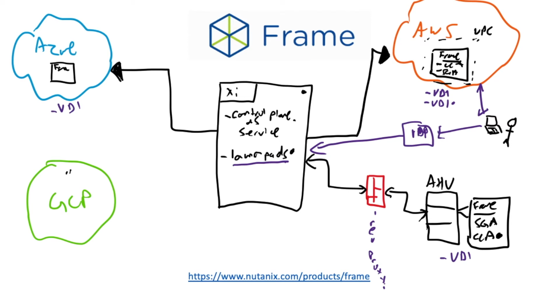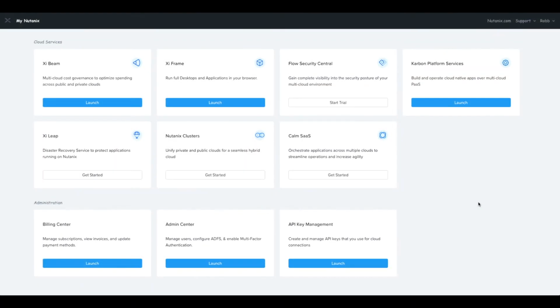There's a lot to get into, right? But I just want to show you how simple it is to get a desktop to an end user using the admin experience. So I wanted to just show you what the my.nutanix.com part looks like. Pretty simple. Free login, get it set up, and now you have this cloud services section.